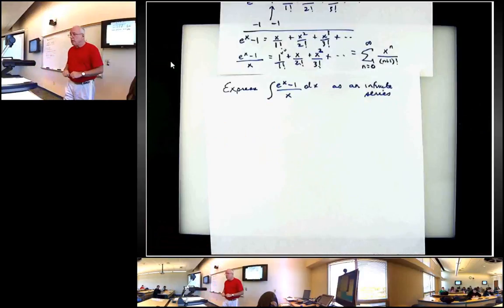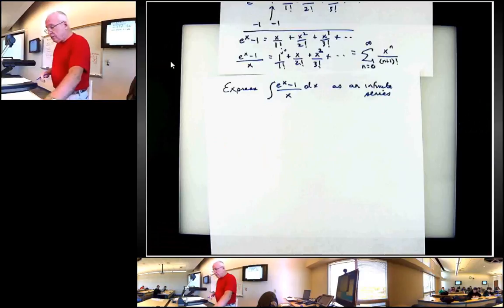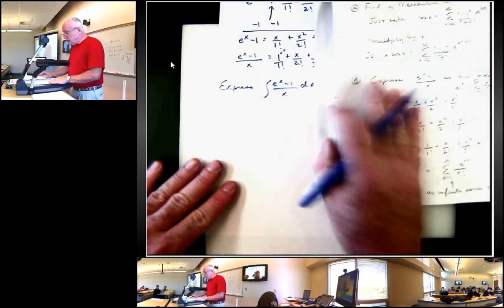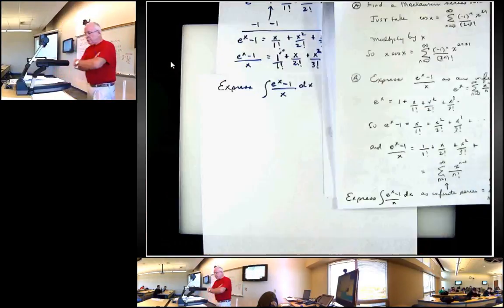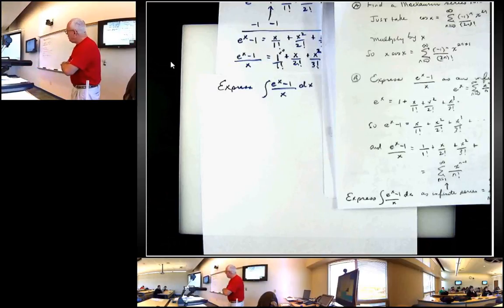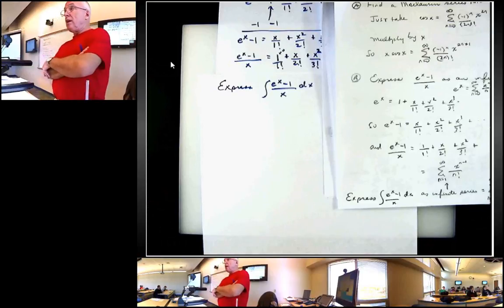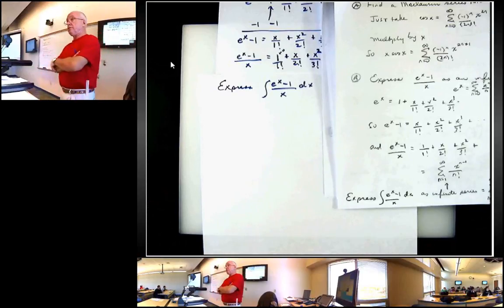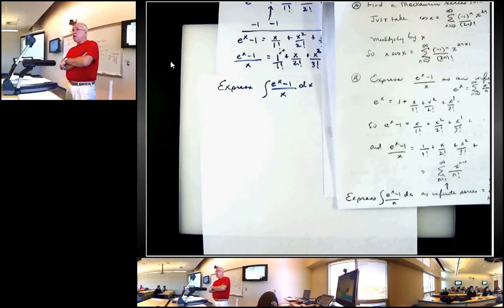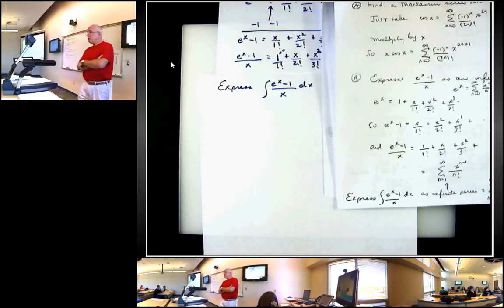Now, for starters, if we just looked at this problem without doing anything with series, I think it might be a little bit challenging to find the antiderivative of that. That's just my take on it. I'm not even sure what U substitution you would use to get the antiderivative.